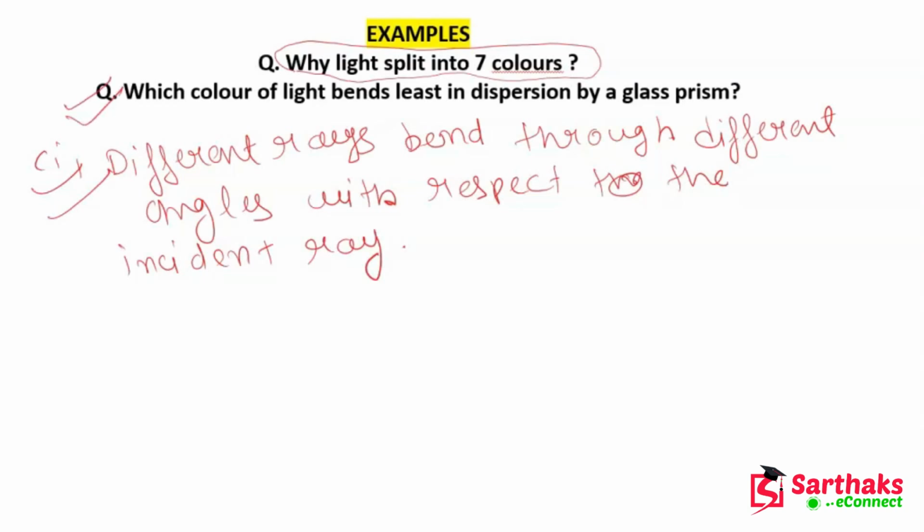Now guys, let's talk about the second question: which color of light bends least in dispersion by a glass prism?